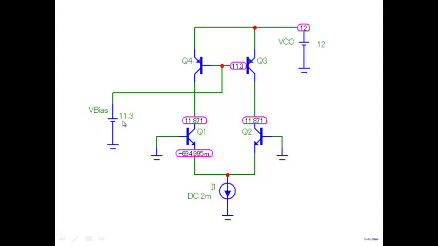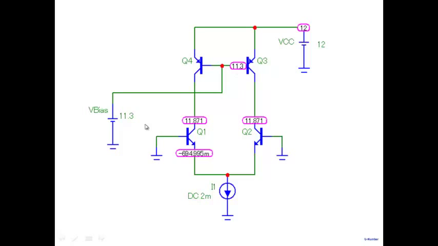And note that when I apply 11.3, the voltage at this node is 11.87, which means that this is 12 here, and this is 11.87, so the voltage across the transistor is 0.13, which means that the transistors are in saturation region.